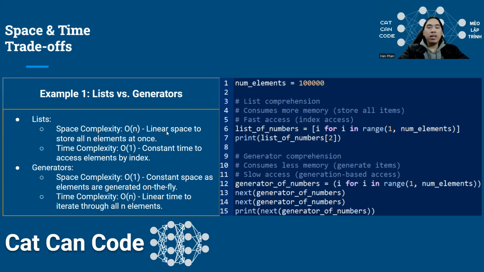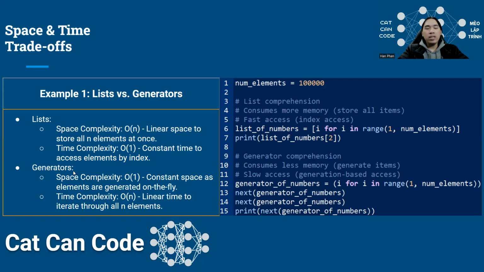List basically requires a chunk of memory to be allocated at the beginning to store the n elements at once. So it requires the space complexity of O(n). However, after that, the access time to each element is constant using the index. Given the index, you can instantly access the element at that particular position.